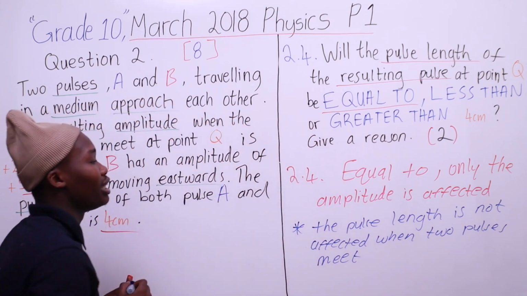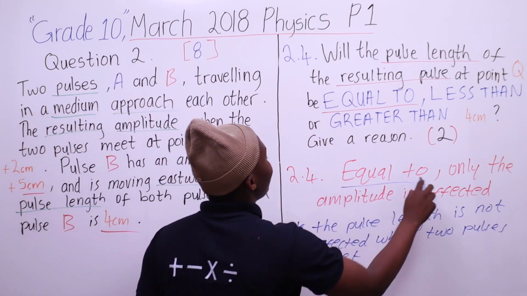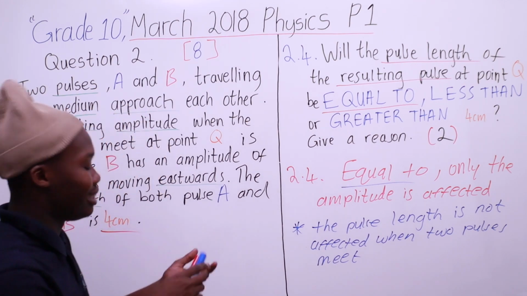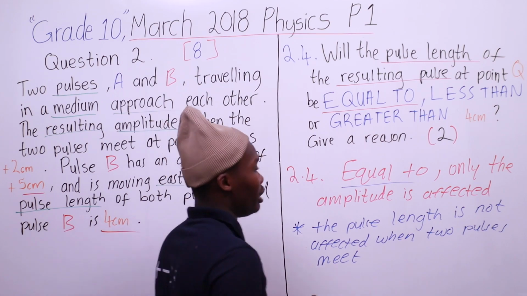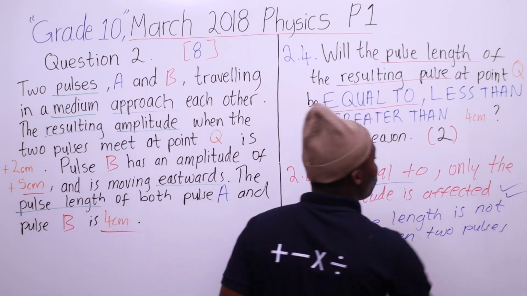So how you write it is up to you, but the moral of the story is it is equal, it doesn't change, it stays the same. So this is how you answer this question, and you get your full 2 marks.